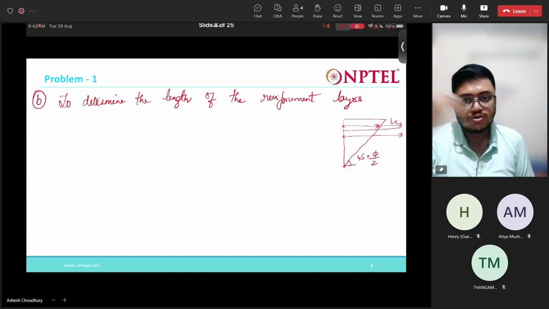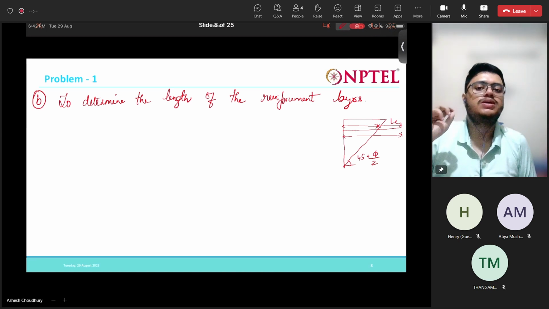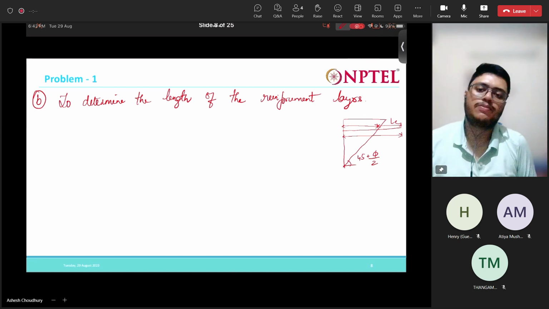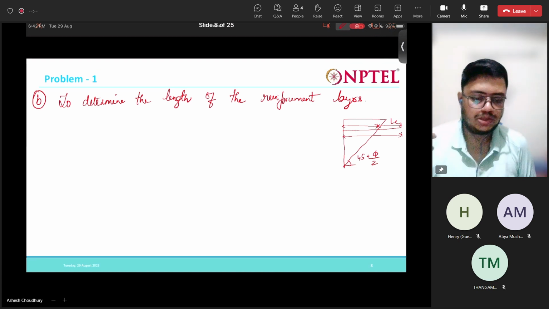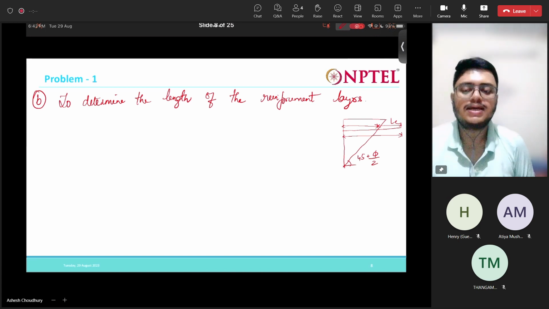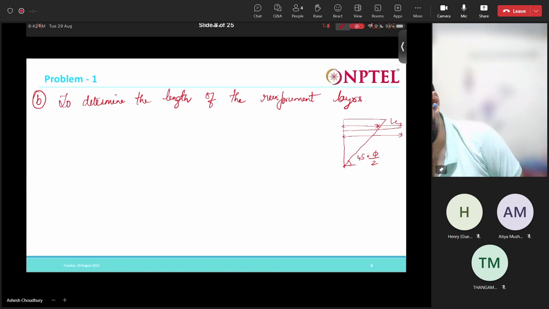To resist the force that is coming on that, right? So that shear force mobilized should be enough to resist the force that is coming on the reinforcement, so that it does not get pulled out. So we will utilize that criteria to determine the embedment length and then the total length of the reinforcement.